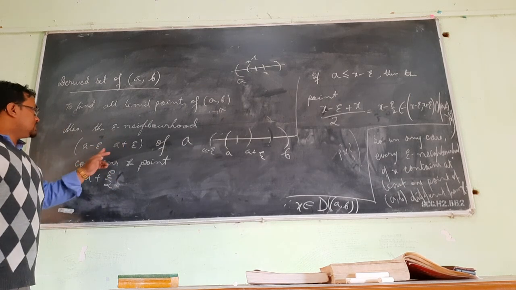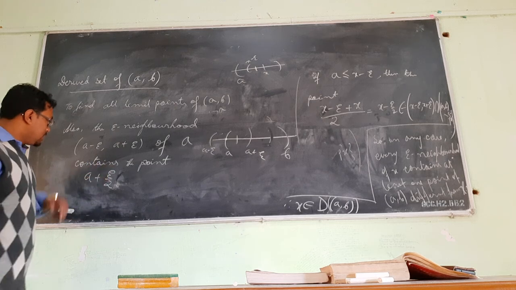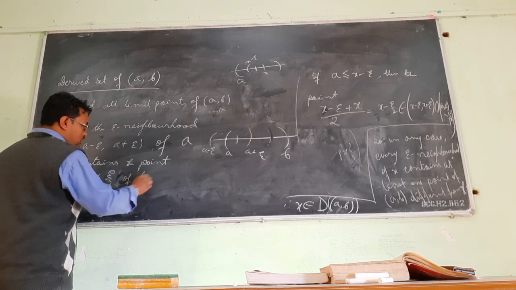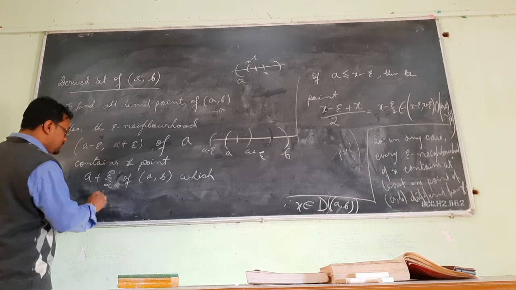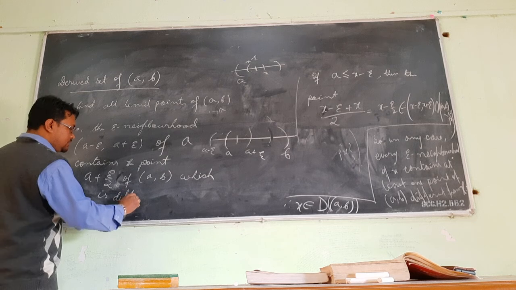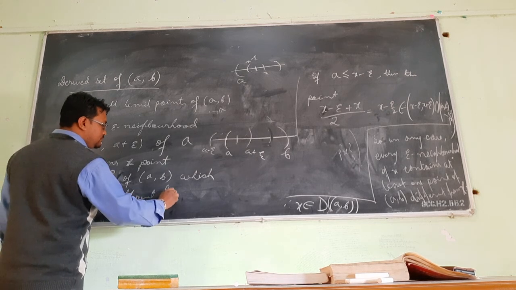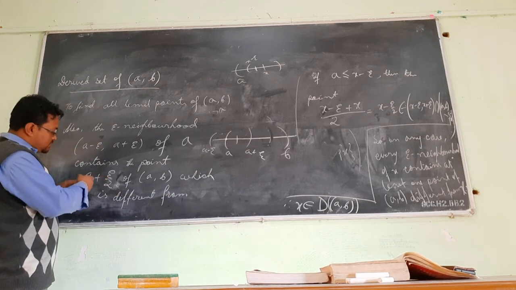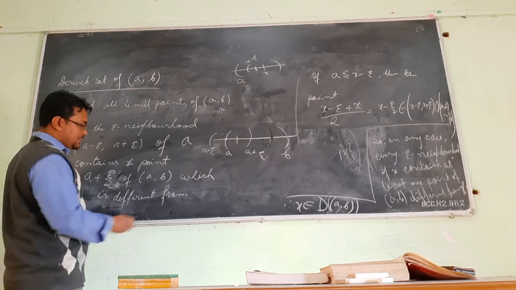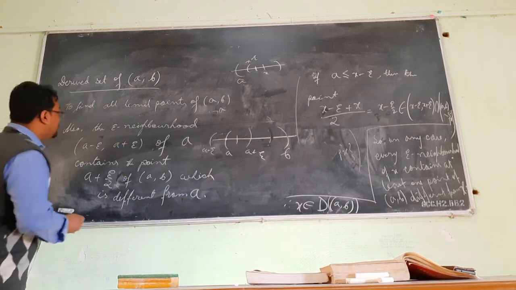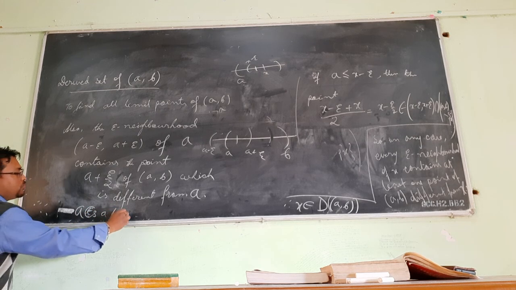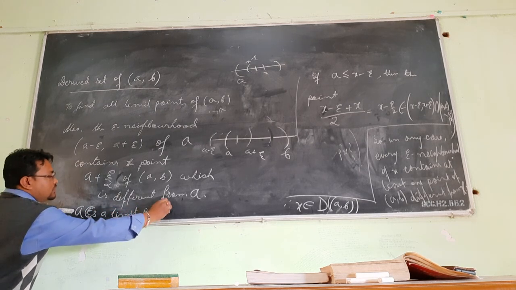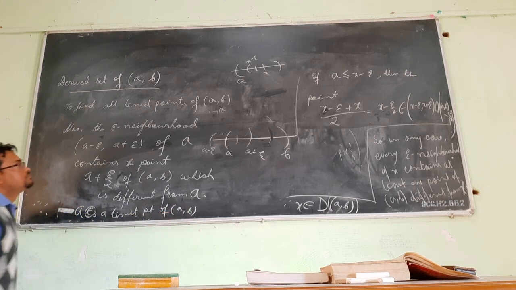The epsilon neighborhood of a, a minus epsilon to a plus epsilon, contains the point a plus epsilon by 2 of the open interval AB, which is different from a, because epsilon is a positive quantity. So a plus some positive quantity is a different thing. Therefore a is also a limit point of AB.